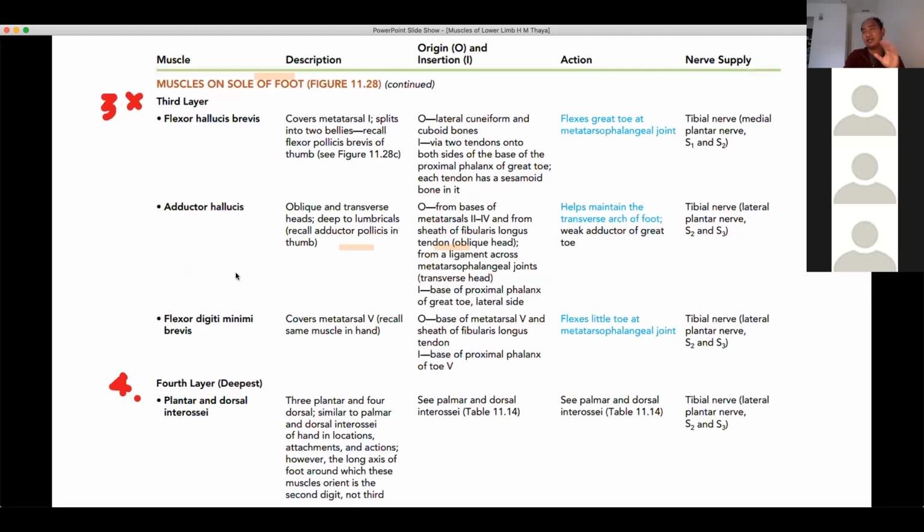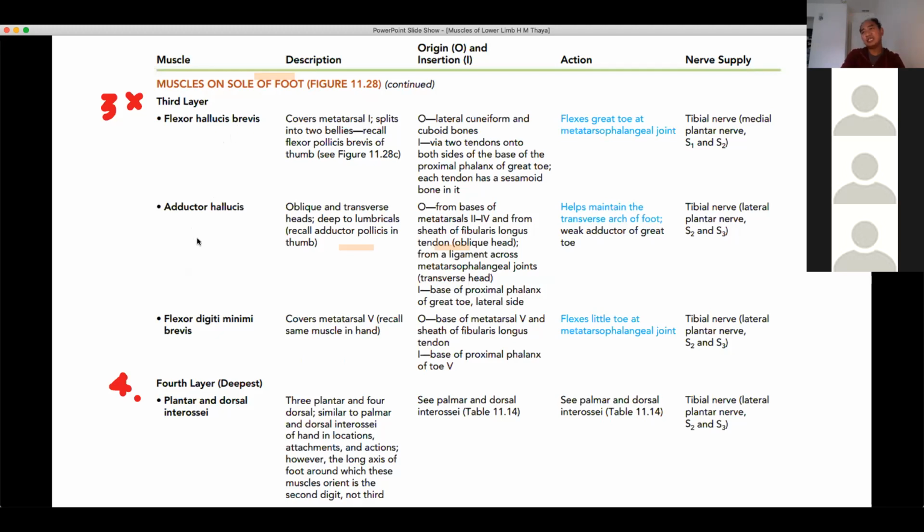And the third layer, again short: flexor hallucis brevis. Flexor means going to flex the big toe. Hallucis means big toe. Brevis means it's a short muscle. Because the long flexor came from the Tom, Dick, and Harry, now we got Harry, the long flexor hallucis muscle, and this is the short flexor hallucis muscle.